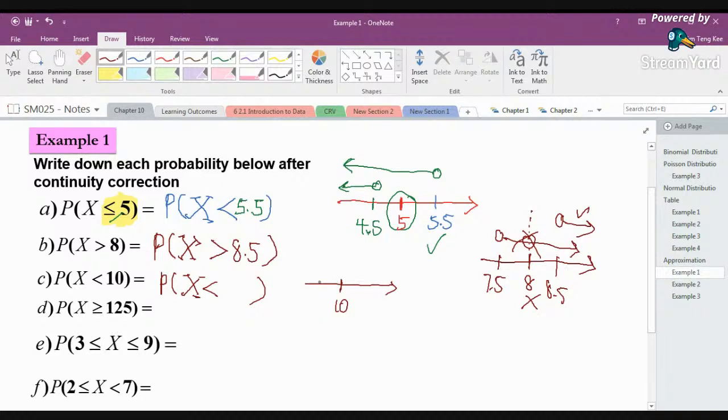If I don't want to include 10, when I draw the less than number line, it won't cross this dotted line. So the case will obviously be 9.5 as the answer.